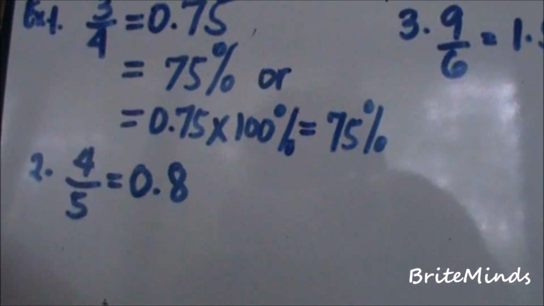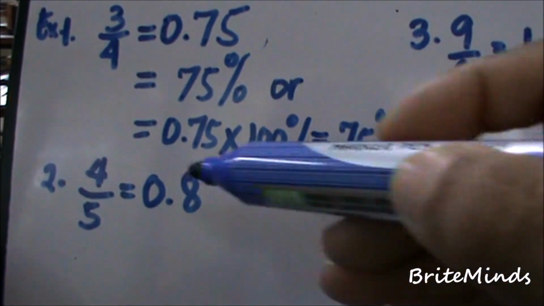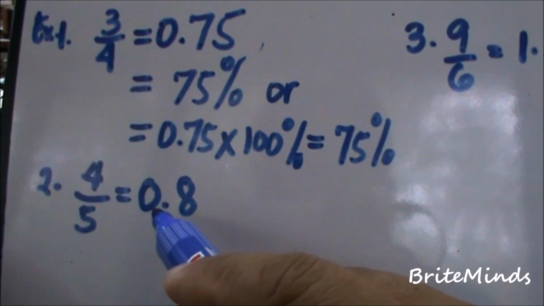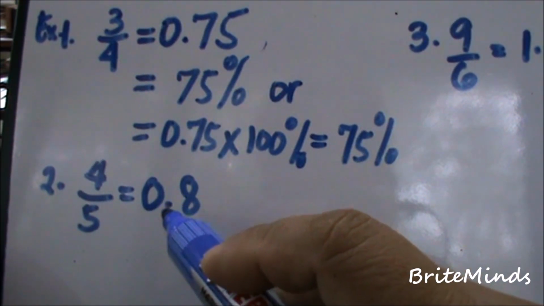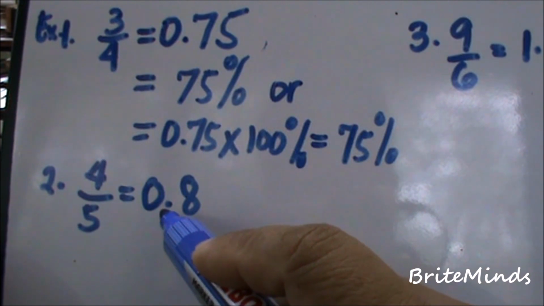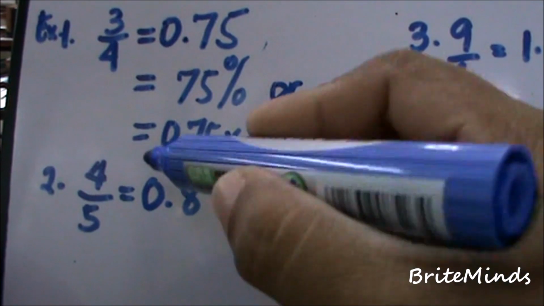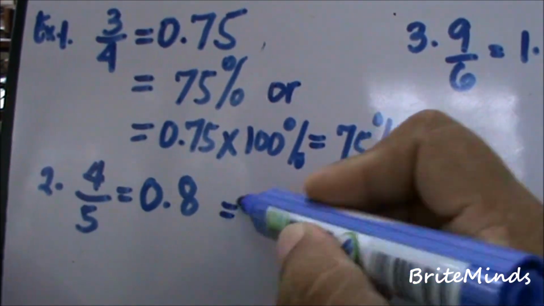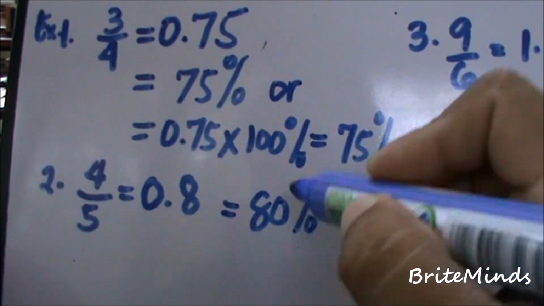Okay, then another example. So we have here a decimal 0.8 or 8/10. So we simply move the decimal point 2 places to the right, 1 and 2. So this will become 80%.